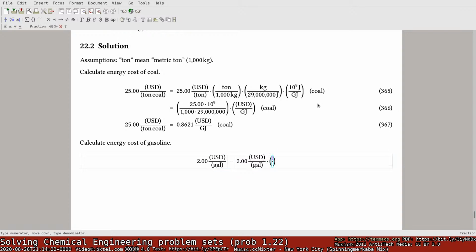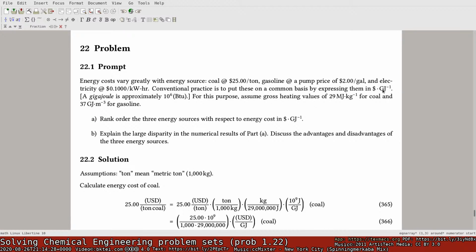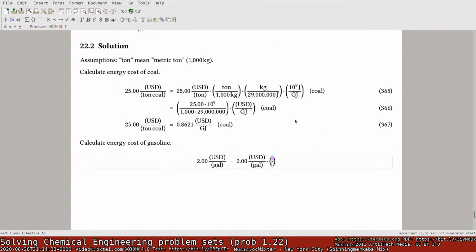And then we got energy density. You need to get this into whatever energy density it has for gasoline: 37 gigajoules per cubic meter. So we need cubic meters. Okay, we got it in cubic meters now.